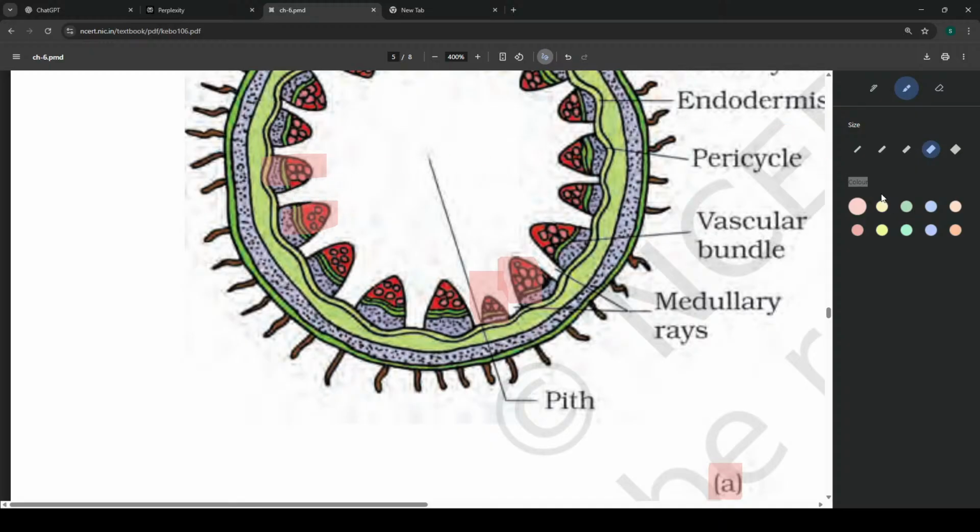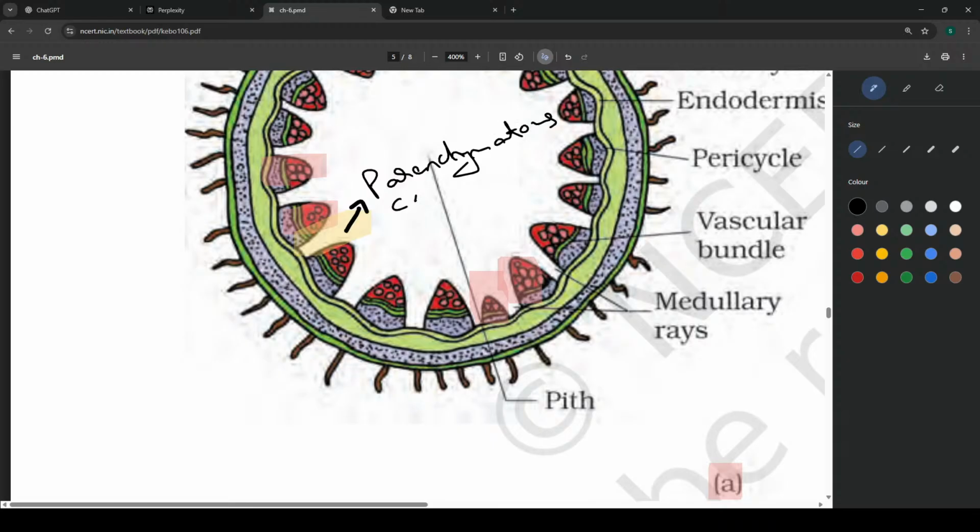Then this space between them, this yellow colored space, which consists of parenchymatous cells, is called medullary rays.